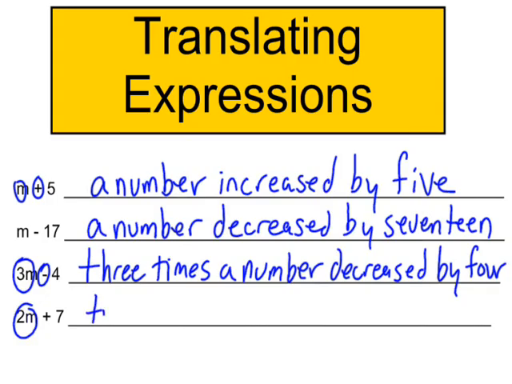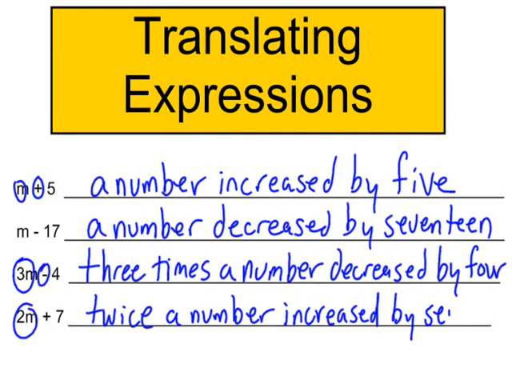I'm going to do twice a number increased by 7. So there are a variety of ways I could have written these. For example, that last one I could have said the sum of twice a number plus 7. There's a couple different ways you could do it. But that's essentially how you translate expressions from word form to number form and number form to word form.